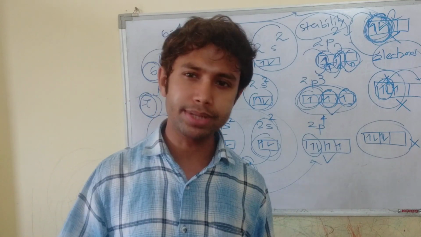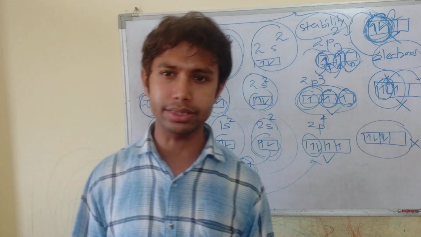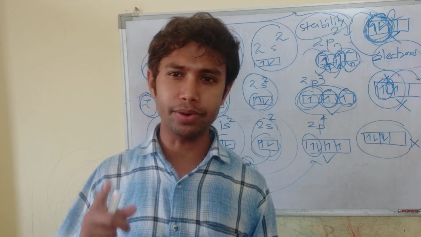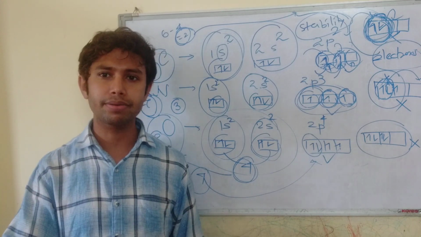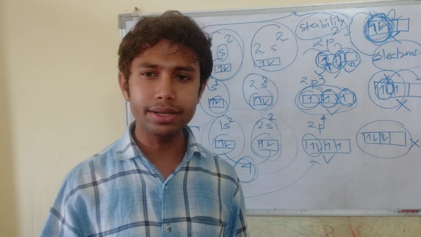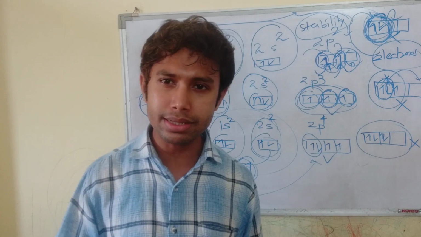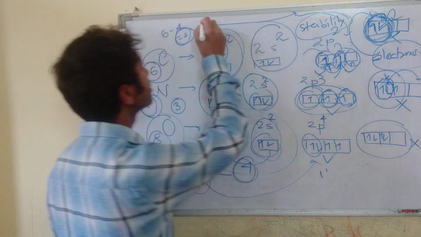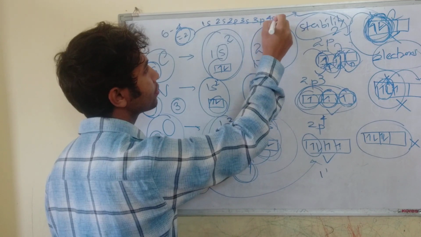From Aufbau principle we have seen that orbitals must be filled with electrons in order of their increasing energies. Means first we give electrons to the lower energy orbitals, then move to the higher energy orbitals. So 1s orbital has lower energy than 2s, then 2p, then 3s, then 3p, then 4s, then 3d.